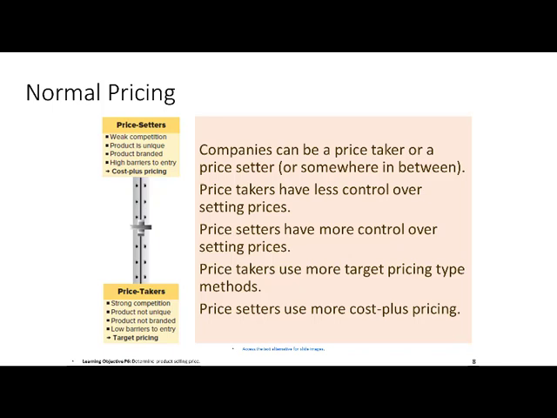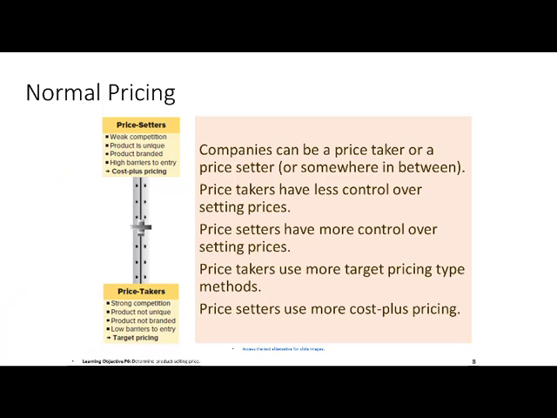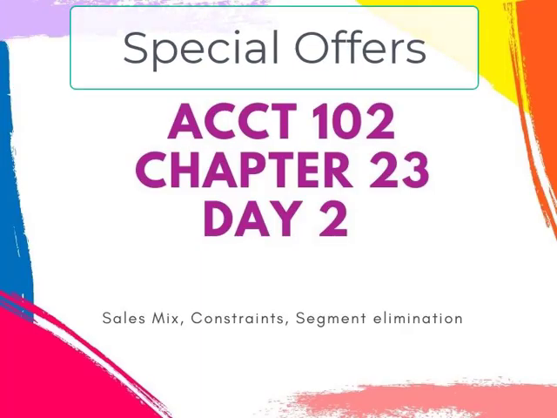We talked about the difference between price setters and price takers, and we looked at pricing strategies for either end of the spectrum, and we took some middle-of-the-road approaches as well. Finally, we covered special pricing or more shorter-term pricing decisions that often were for a one-time special deal.